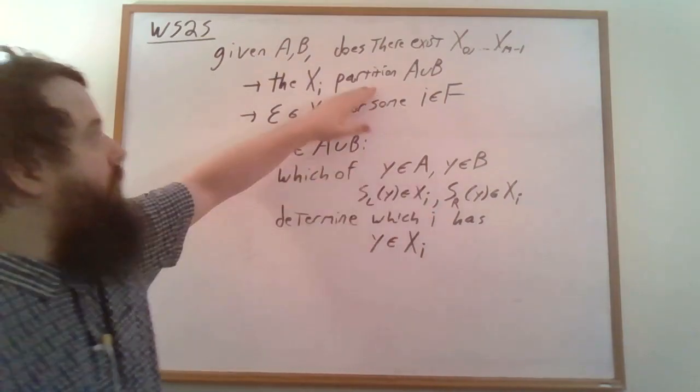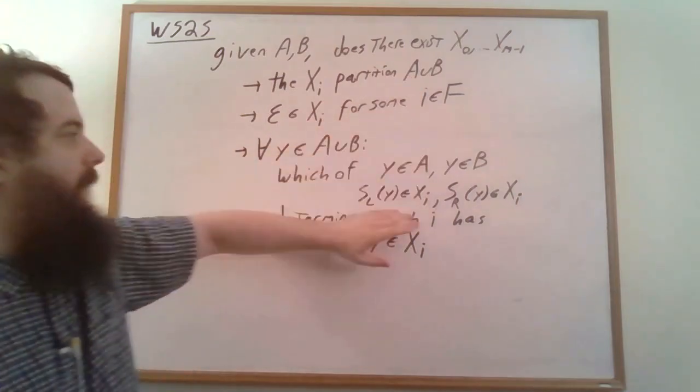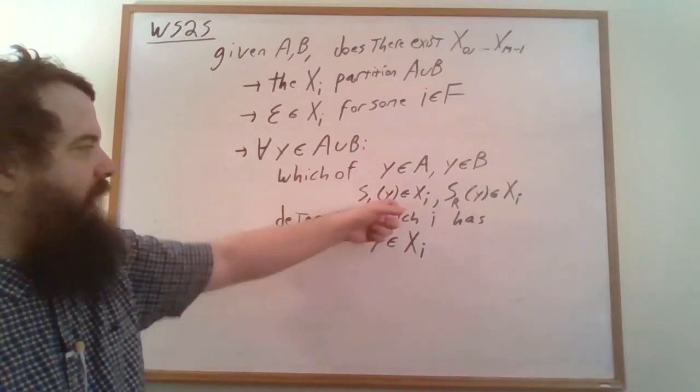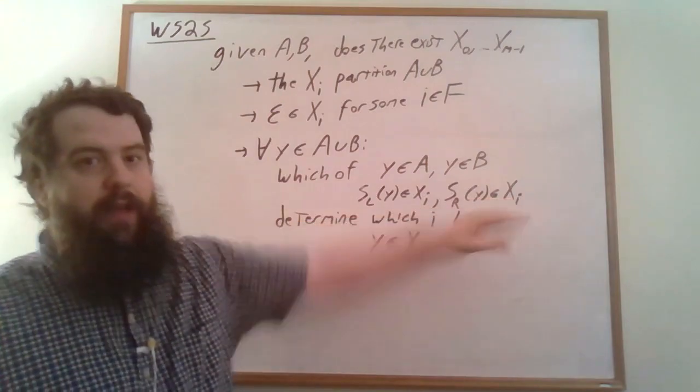The xi's partition the set of nodes in the tree, and so it could be the case that none of these are true if the left child of Y is not in the tree, and the same for the right child.